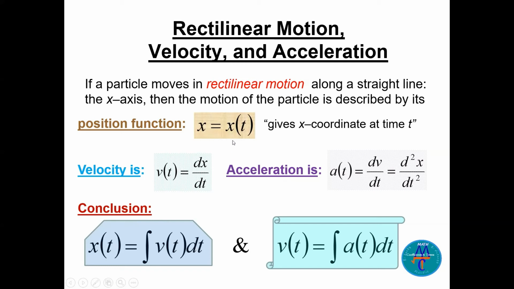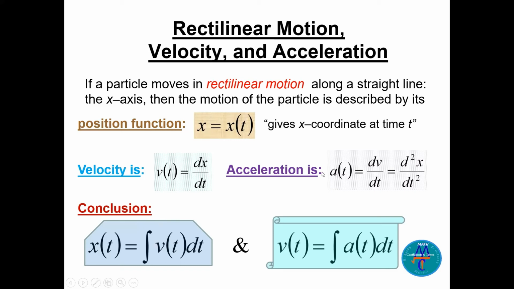So if you have the position function given, as we have seen before, then you can find the velocity: you differentiate the position function x of t, so it will be dx over dt. If you have the velocity and you need the position function, you integrate the velocity.